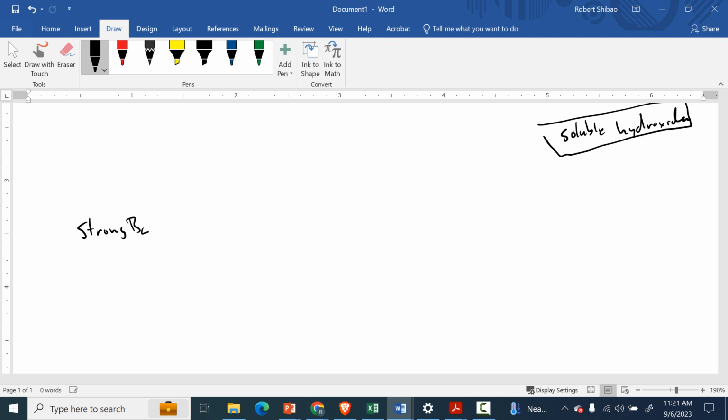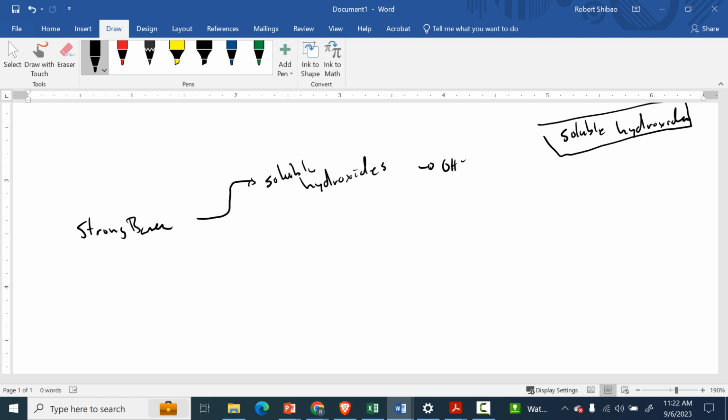And so when we have the strong bases, these are the strong bases I have memorized. The soluble hydroxides, so potassium hydroxide, sodium hydroxide, cesium hydroxide, calcium, strontium, barium hydroxides, all those. These are going to yield a lot of hydroxide in water.